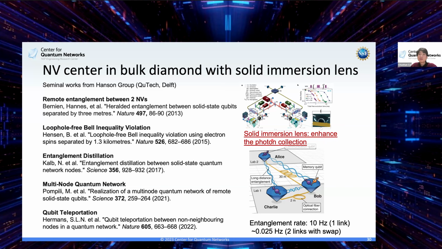So they put in a solid immersion lens to enhance as much as they can the photon collection. But because the NV is intrinsically limited in efficiency by the Debye-Waller factor and also the inter-system crossing, the entanglement rate, even over the 30-meter links, is only 10 hertz, 10 entangled pairs generated every second. And if you consider the two links, it's less than 1 pair in 40 seconds.